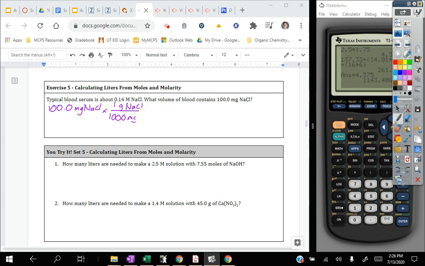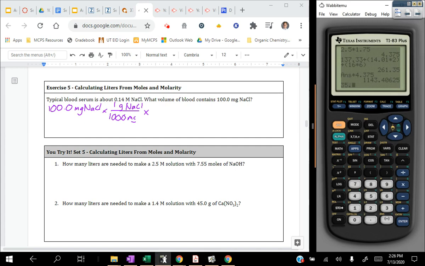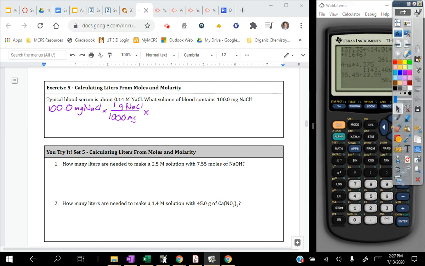So the molar mass, I believe, is 58.44, but let's double check. 35.45 is the mass of chlorine, plus 22.99 for sodium, 58.44 grams. Okay, 58.44 grams of NaCl per mole of NaCl.